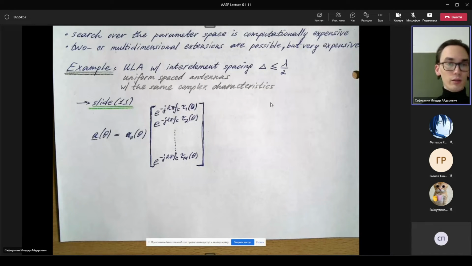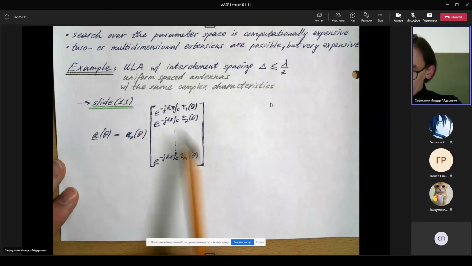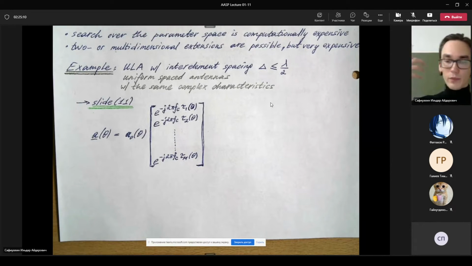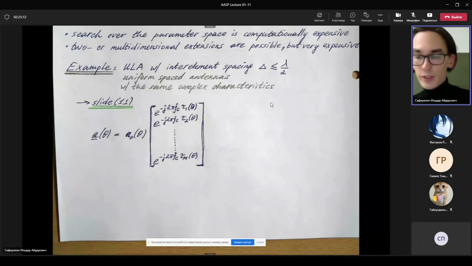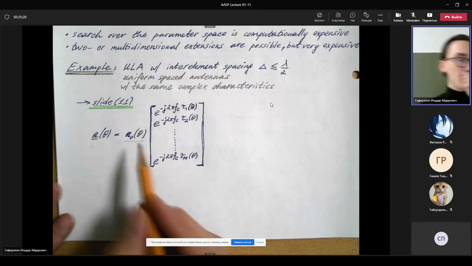Of course, we can have different values for this A subscript 0 of theta for each antenna element, but here we talk about a uniform linear array. So they should have the same complex value.